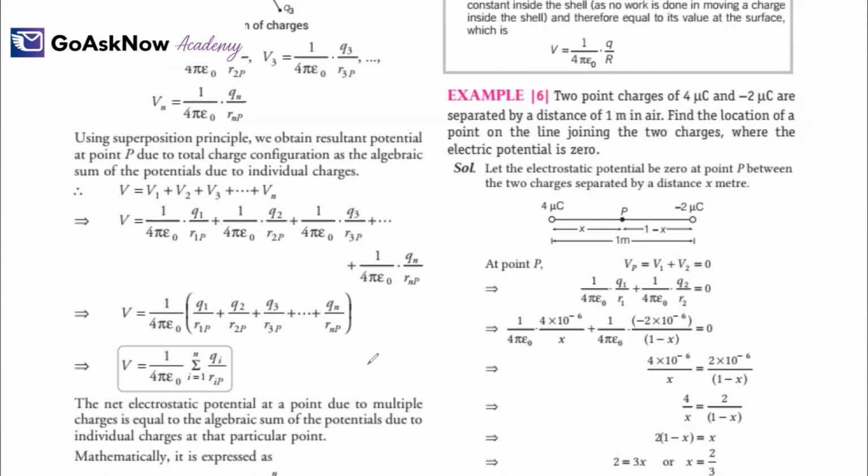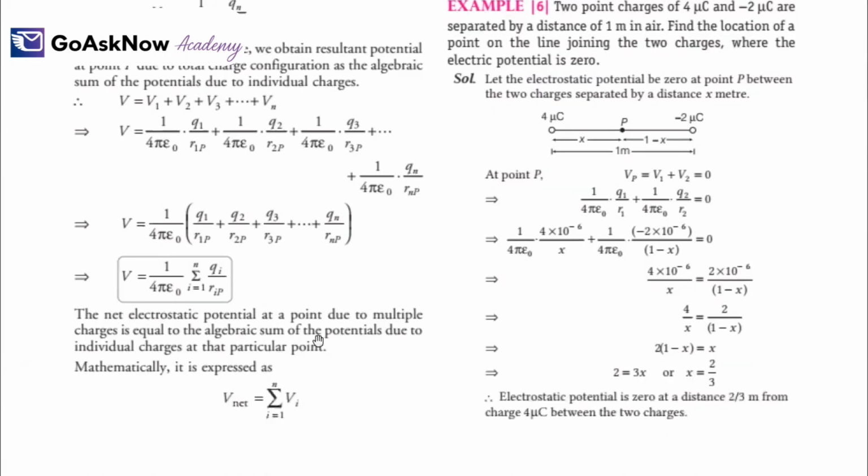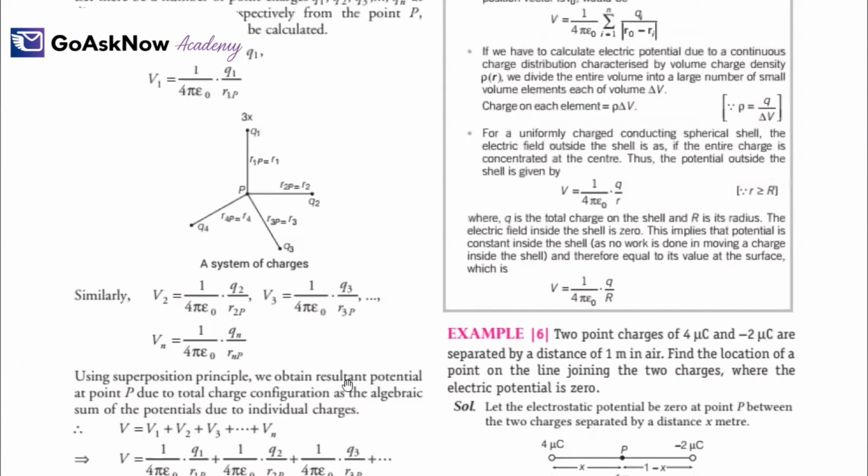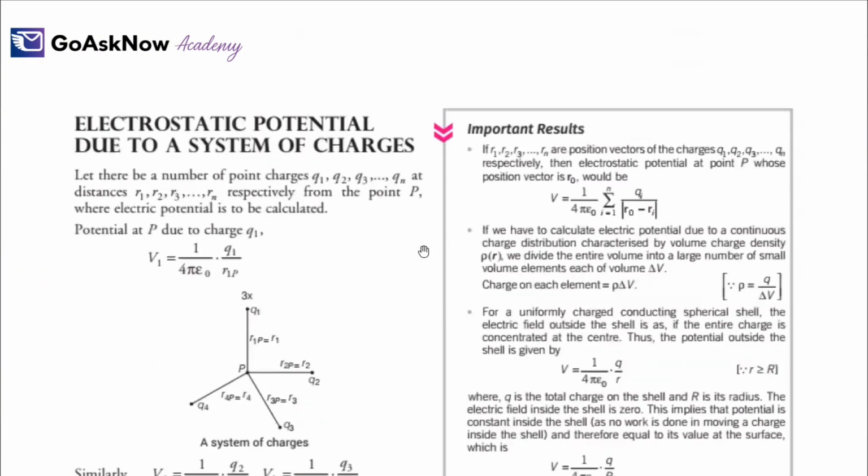So I already told you that it is a scalar quantity. So the potential due to each point charge will be added individually and summed up to the whole potential there. Mathematically, it is expressed like this: V net is equal to the summation from i equals 1 to n of Vi. So that is equal to V1 plus V2 plus V3, that I have told you.